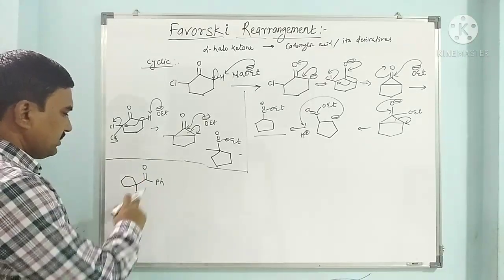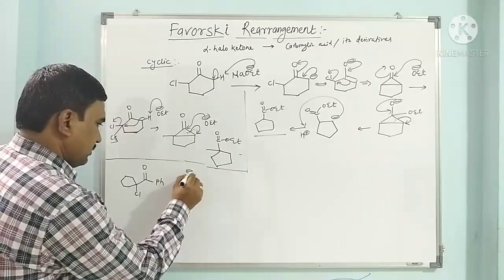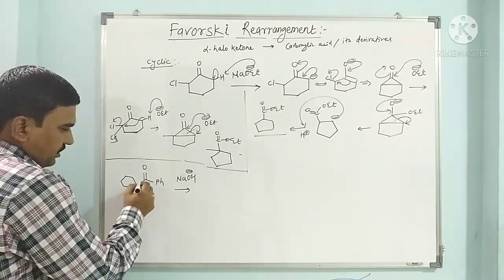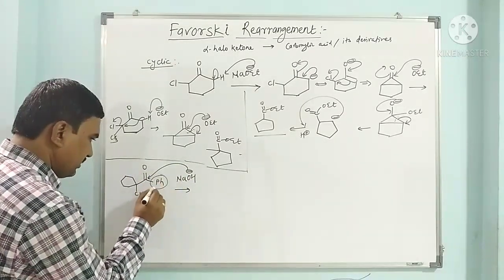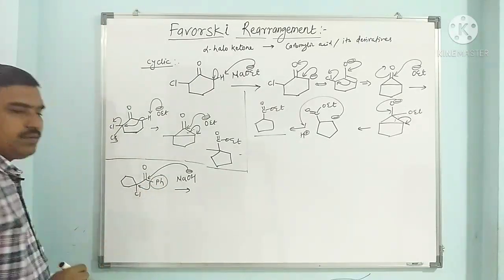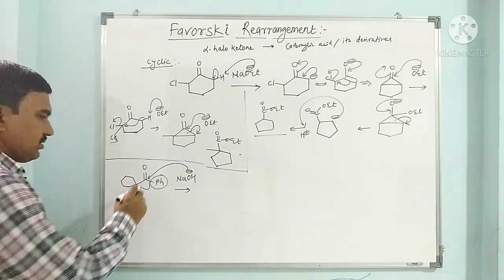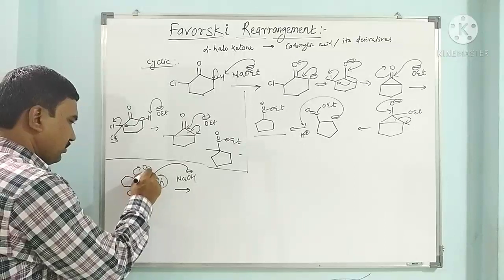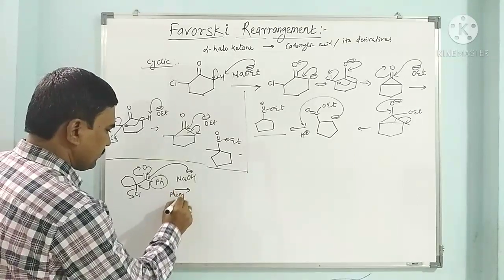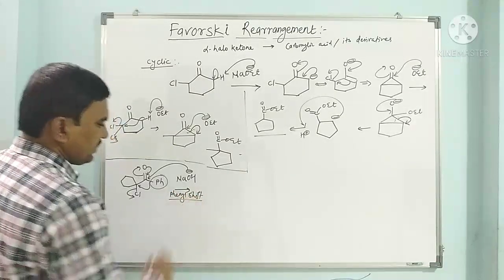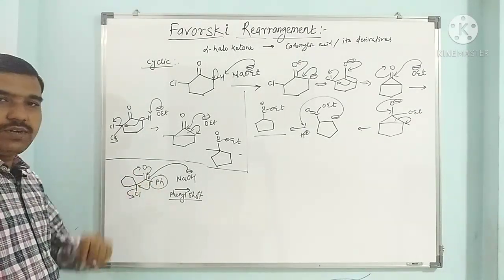Now when it reacts with NaOH, NaOH attacks the carbonyl carbon, and this phenyl ring migrates to the carbon to which chlorine is attached, and this Cl departs. The electron density goes to oxygen, again returns from oxygen to carbon, and this phenyl is now migrated. So this is a phenyl shift during this rearrangement, because there is no alpha hydrogen on this phenyl substituted carbon.